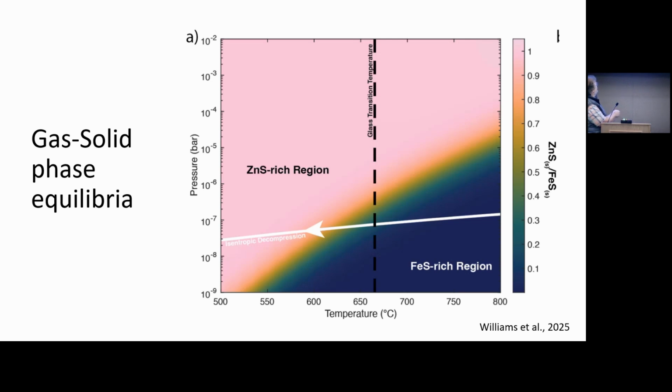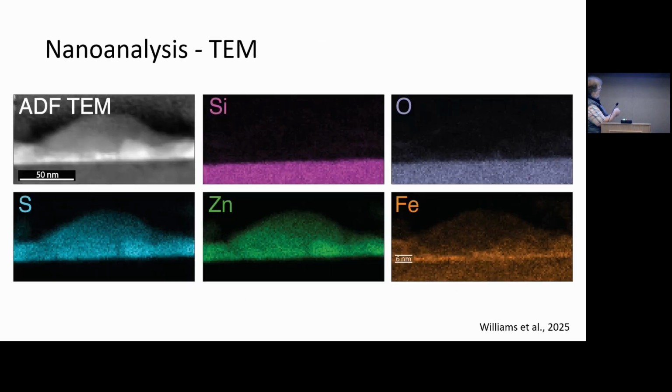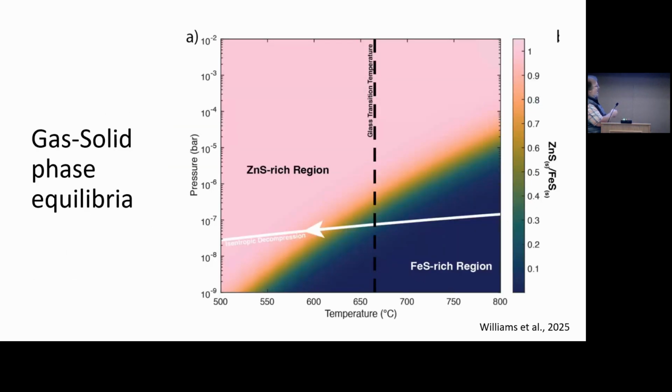So as the bead cools, the first sulfide we'd expect would be iron rich and would go to zinc rich, and that's exactly what we're seeing here. And so we can extract pressure-temperature conditions from the nanometer scale. And this is just one of them. You can try different things and get different pressure-temperature points along the path from this nanometer stratigraphy.